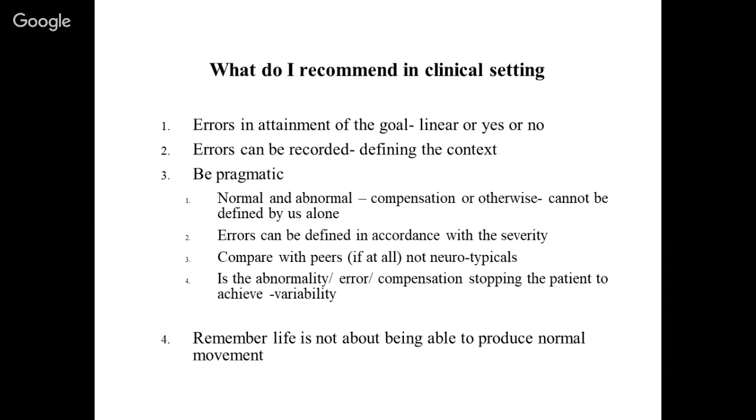And the last thing I want to say is, remember, normal movement is not what we are all achieving. We are never trying to achieve anything normal. We are all trying to achieve a lot of things in life. One of the common things we found out in our data, Prakash and I, is that whether you are severely affected or less affected, whether you have normal movement, variable movement, accurate movement, less variable movement, or less accurate movement, whatever happens in terms of gait, most of them don't have social participation.